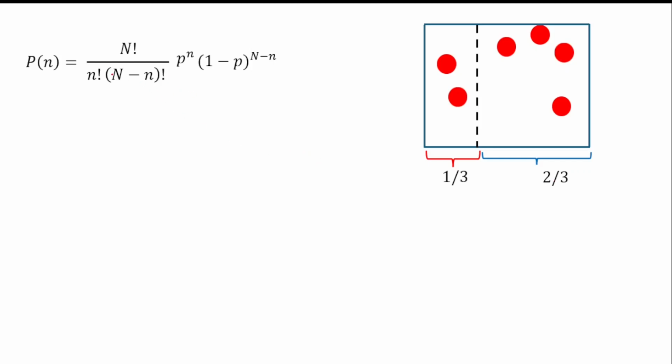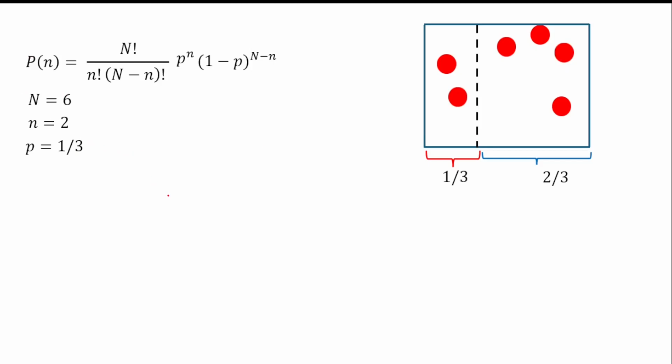So with these values, the number of particles capital N equals 6, the number of particles to be in the left is 2, and the probability of success is 1/3. This 1/3 corresponds to the 1/3 portion of the box.